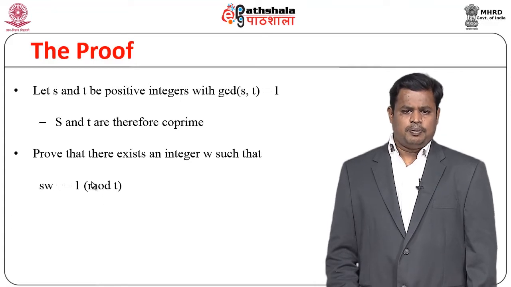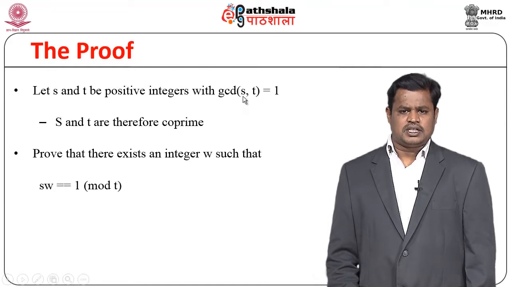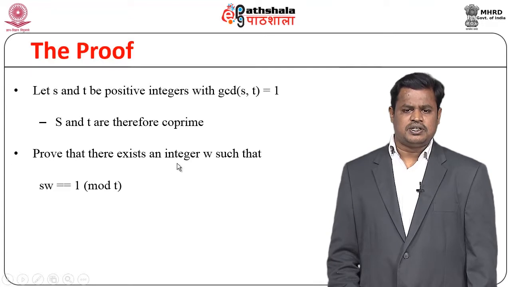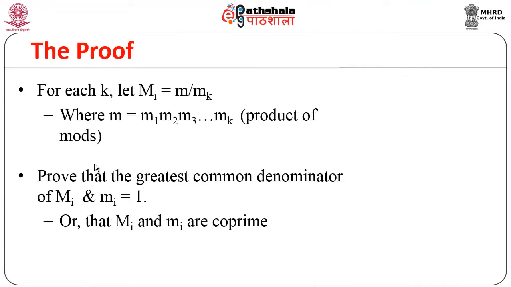So when the GCD of s comma t is equal to 1, there exists an integer w such that s w is equal to 1 mod t, and for each k, let Mi be equal to M divided by mk, where M is the product of m1, m2, m3, which we found out.